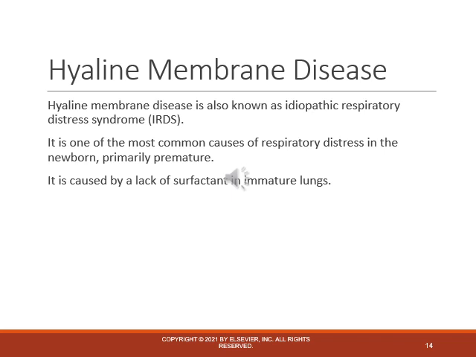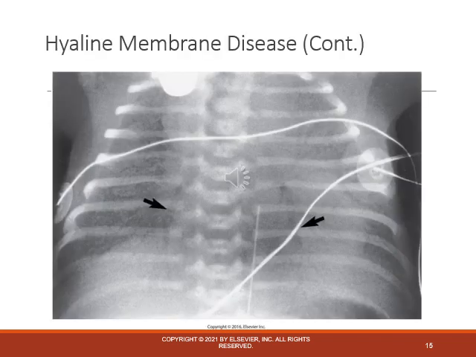So one of the things that you'll often see is a baby might be born, they may be seen fine, but within 6 hours of birth, they can start demonstrating respiratory distress. With hyaline membrane disease, one of the things that you will often see on your chest x-rays is under aeration. So you won't get the lung extension that you typically expect. The other thing is that you may see possibly more radio-opaque lungs. So you'll see an increased density across those lungs.